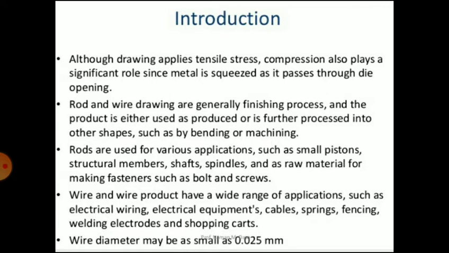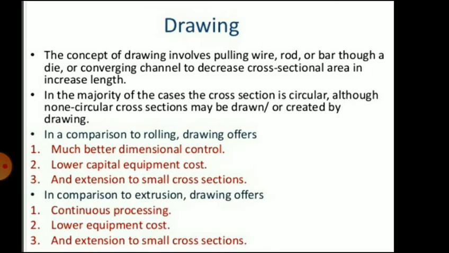Wire and wire products have a wide range of applications such as electrical wiring, electrical equipment, cables, springs, fencing, welding electrodes, and shopping carts. Wire diameter may be as small as 0.025 mm.